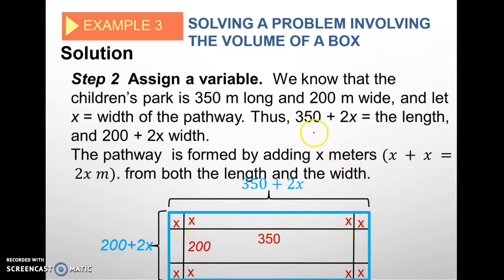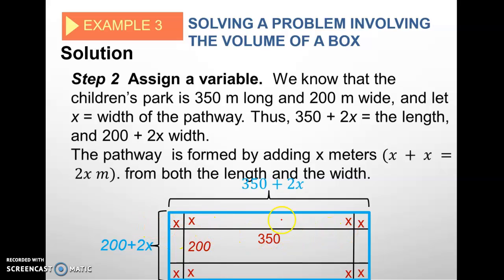So with the 350 you have to add 2x, because there are two widths of pathway here. That is 350 plus 2x, because you're not only adding x on this side but on both ends.